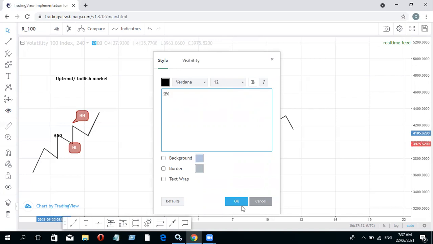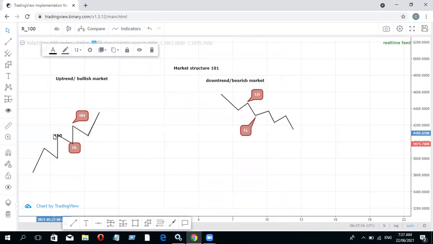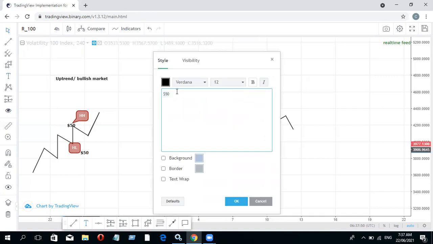This is a bullish market. That's why this point is $50. That's the price level. And this point below here is, let's say, $35.